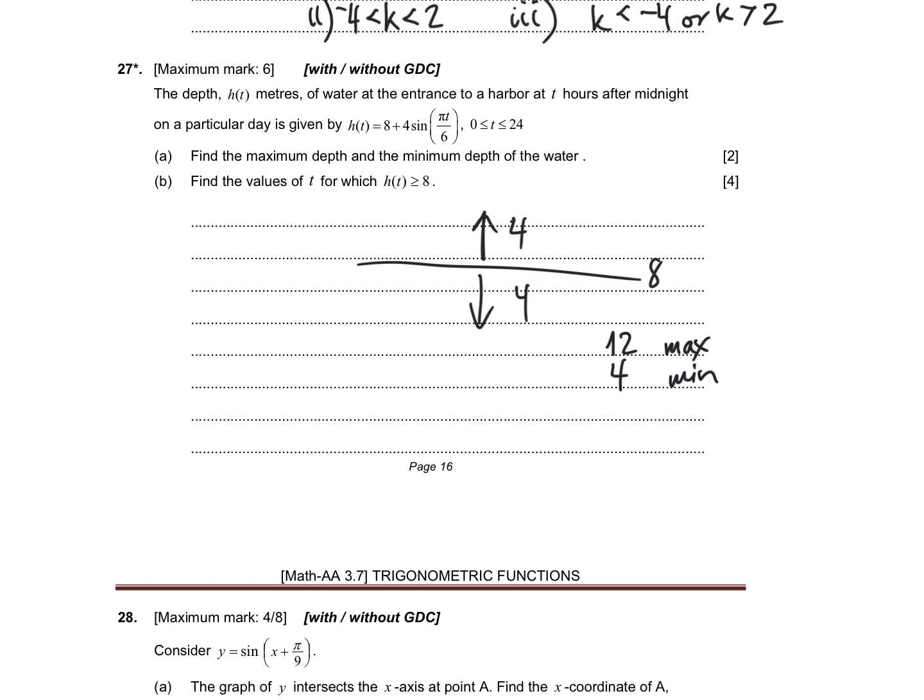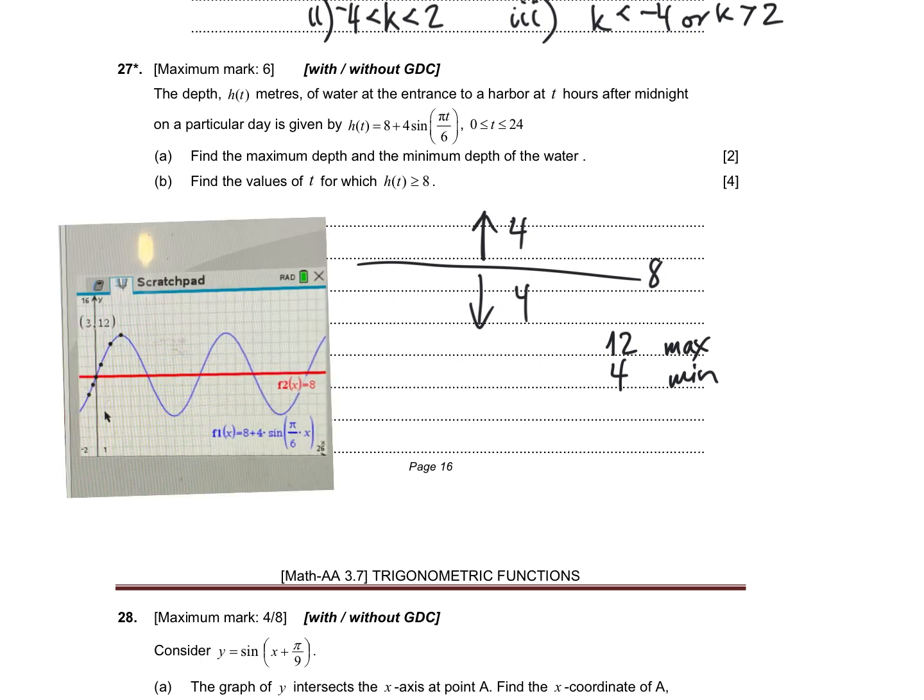All right, find the values of t for which h(t) is greater than or equal to 8. So I used the graphing calculator and I changed the x's in the window settings, menu 4. I changed that to -2 to 26 because our domain is 0 to 24, so I went a little bit outside of that. And then I knew the maximum depth, so I went from 0 to 16.